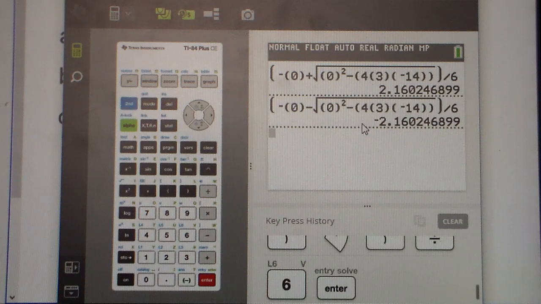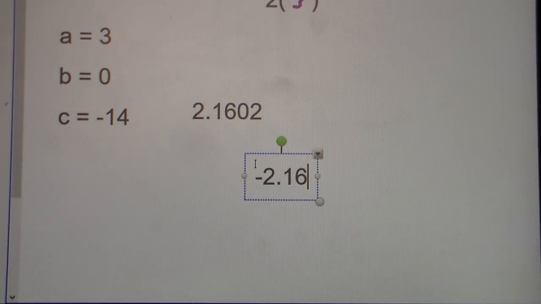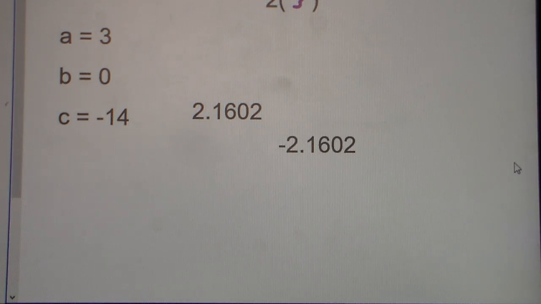And we're going to get negative 2.1602. And that's our second answer for problem number 2.